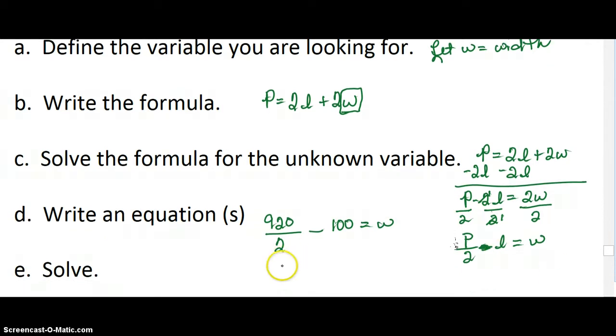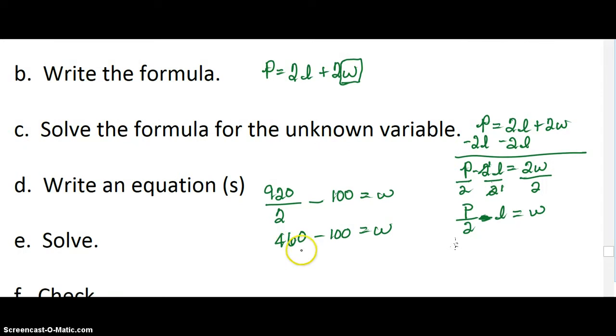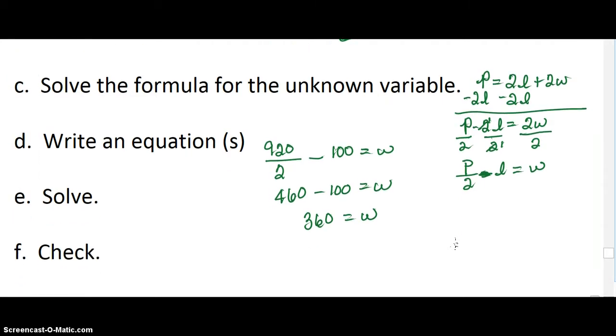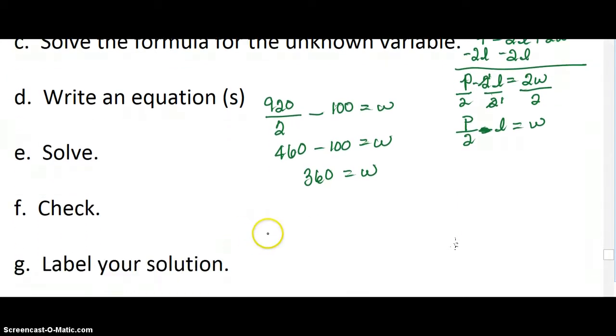We get that 460 minus 100 equals W. And we don't have to put this in for 2W because we've already solved for our W by itself. So 360 equals W. Make sure that you label your answer. Checking it. Okay, label your solution. 360 feet is the width, I'm sorry.